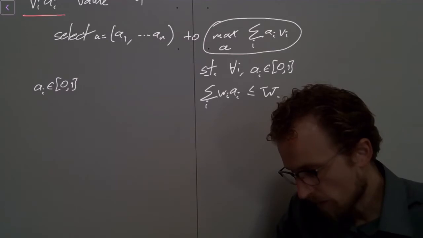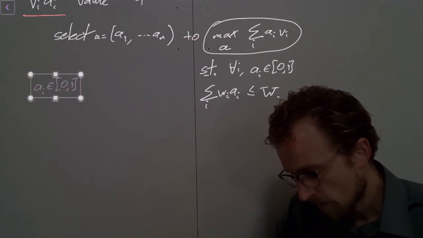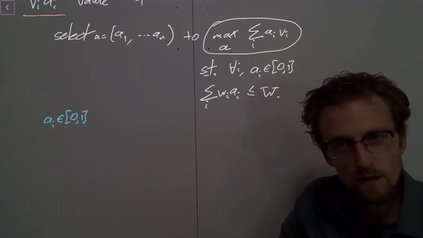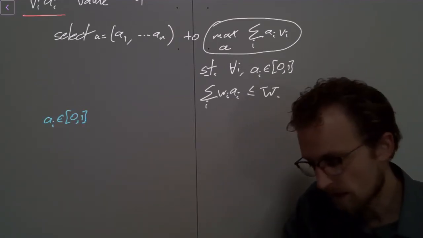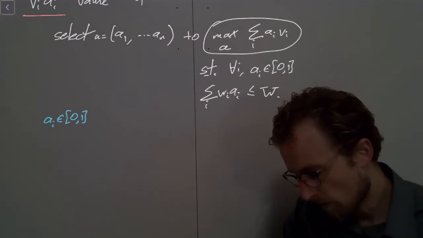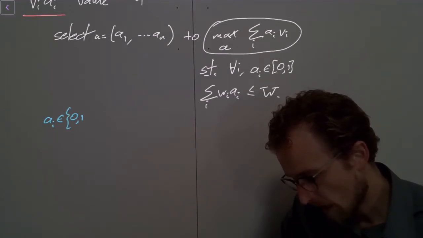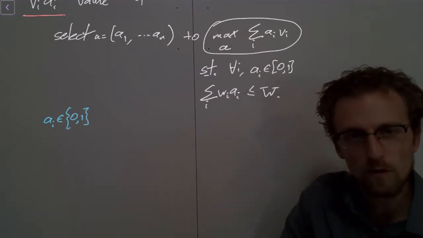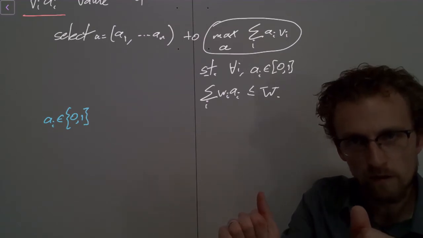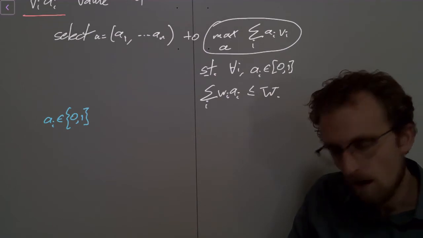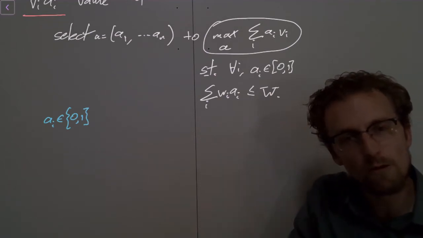You can very often think about the differences between these kinds of problems as just being differences in the constraints. If I were to phrase the 0-1 knapsack in this same language, rather than the interval between 0 and 1 being the rule I place on my AIs, I would say only select 0 or 1.